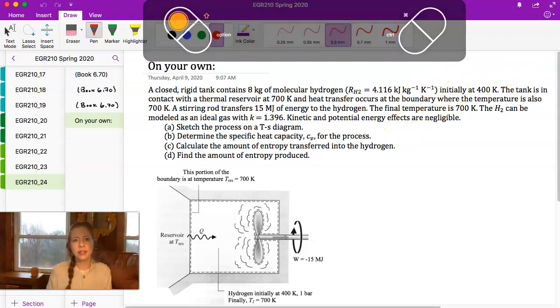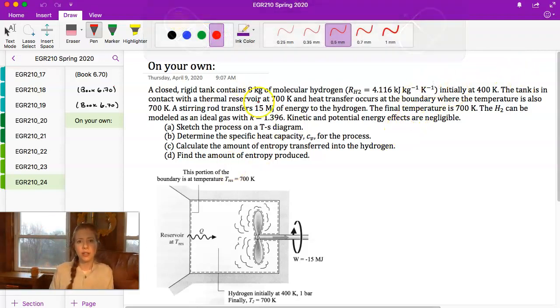The tank is in contact with a thermal reservoir at 700 Kelvin, and heat transfer occurs at the boundary where the temperature is also 700 Kelvin. A stirring rod transfers 15 megajoules of energy to the hydrogen. The final temperature is 700 Kelvin. The hydrogen can be modeled as an ideal gas with K equal to 1.396. Kinetic and potential energy effects are negligible.